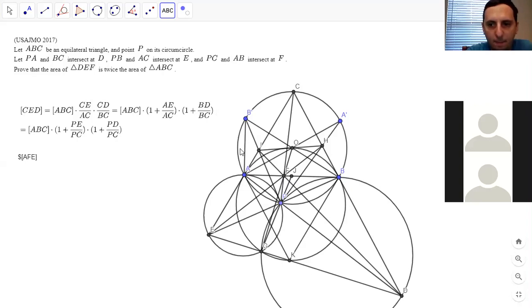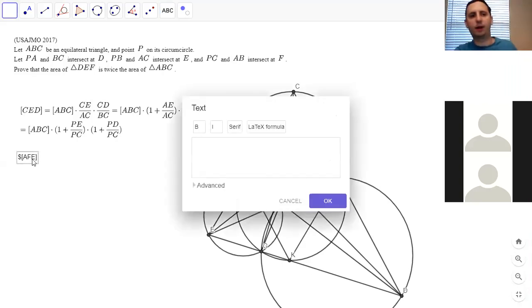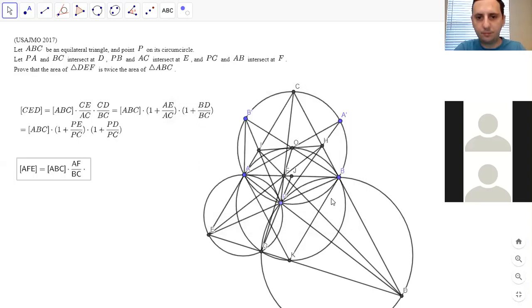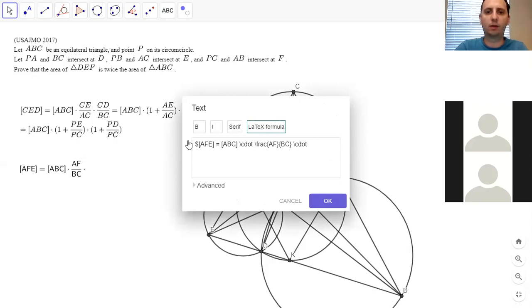I'm just trying to avoid writing square roots, although maybe I'll do it eventually. We could just say it's ABC times AF over AB times AE over AC.